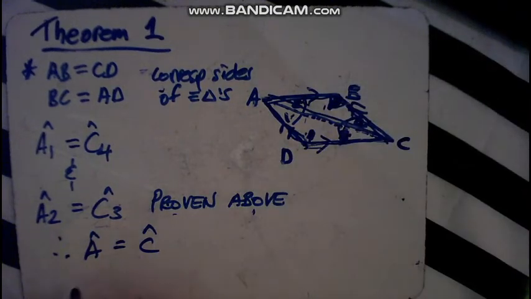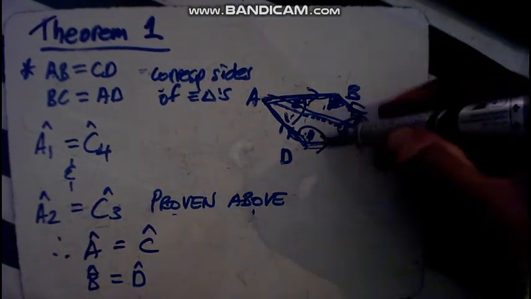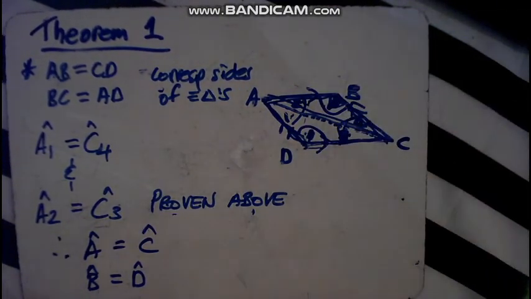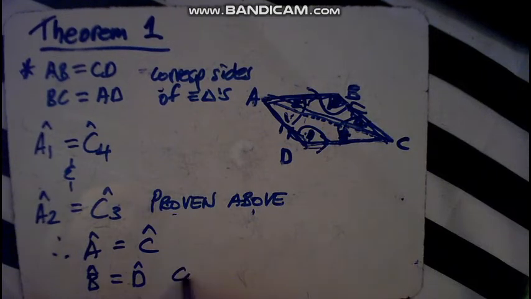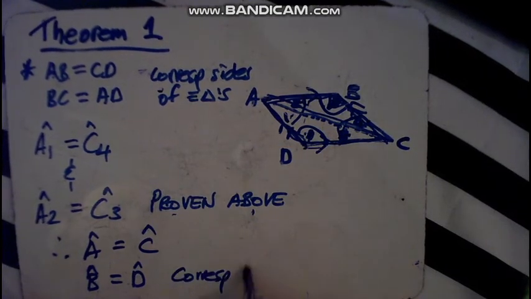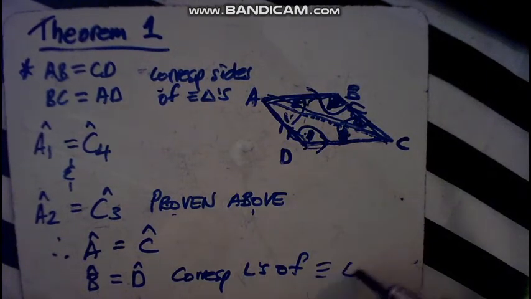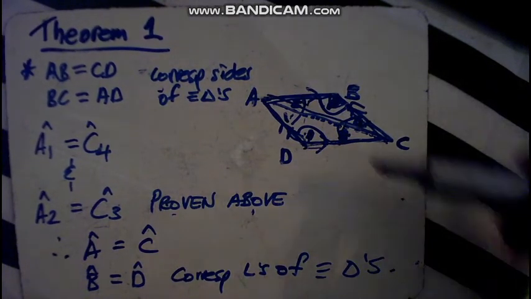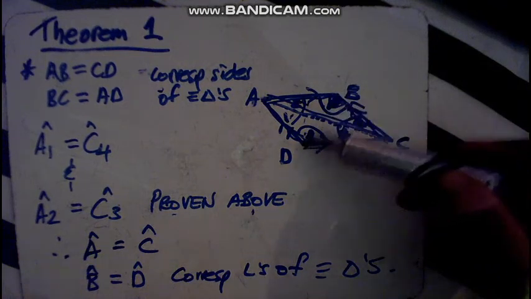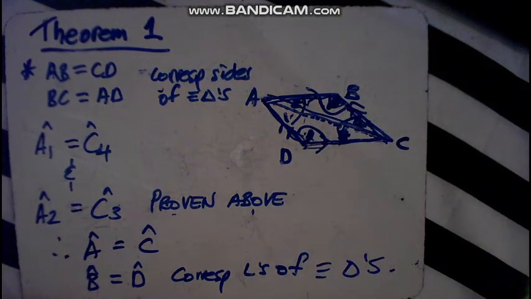So angle B is equal to angle D, and our reason there will be corresponding angles of congruent triangles. Because if I fold this paper over, B and D fit perfectly on top of each other because they are congruent, and that is theorem 1.